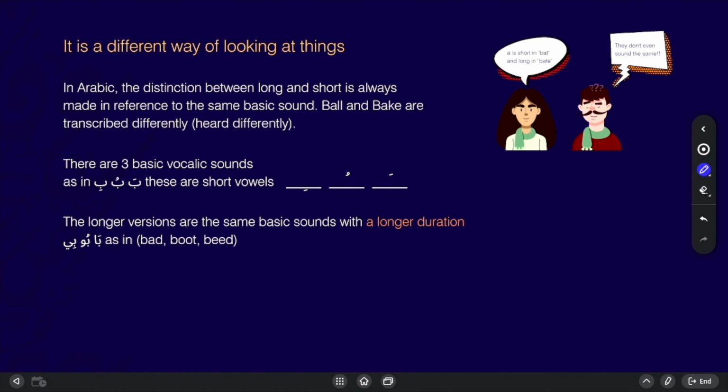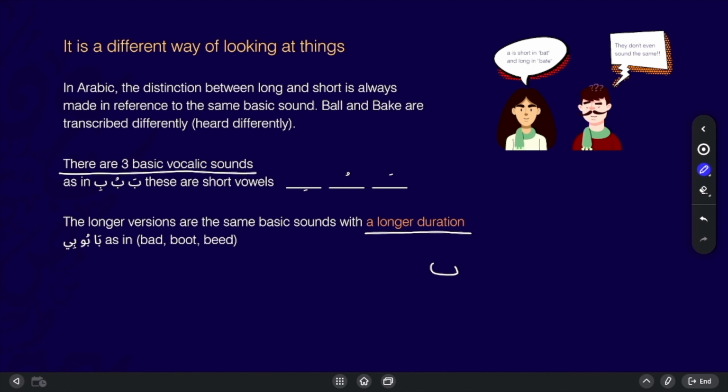Remember, we have three basic vocalic sounds: a, u, and e. And they're short. To make them long, you affect the duration.